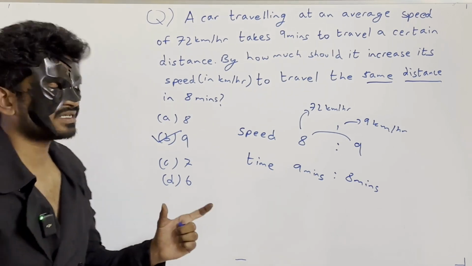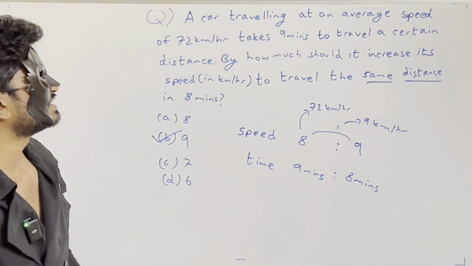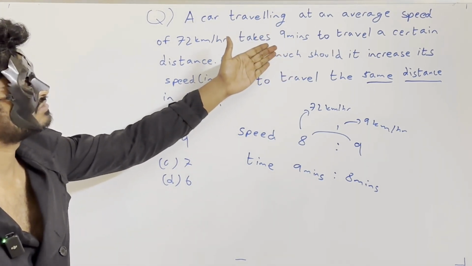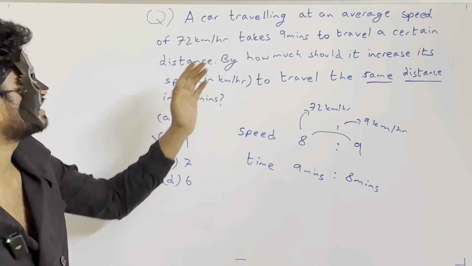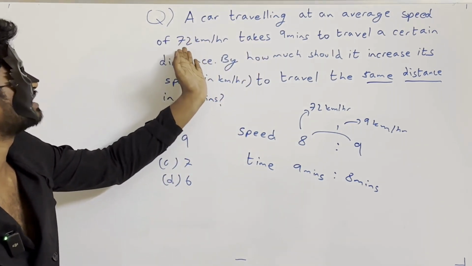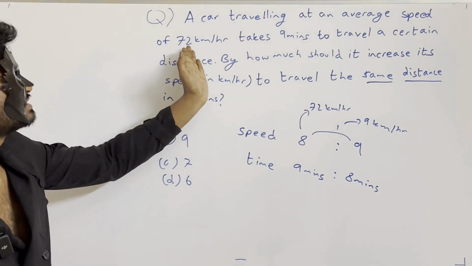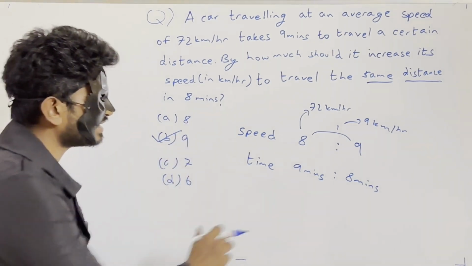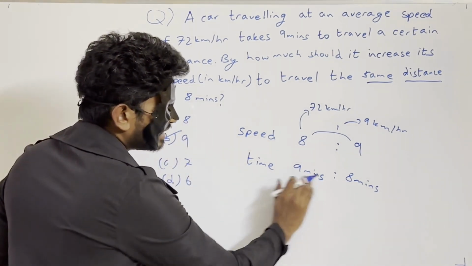Generally what mistake aspirants do in exam is, they'll find minutes and then they'll convert it into hours, 9/60 hours. Similarly here 8 minutes, 8/60 hours, and then they'll find the distance by dividing this, and it will be a very lengthy process. So instead of that, you can find the ratio here, because both are in minutes.